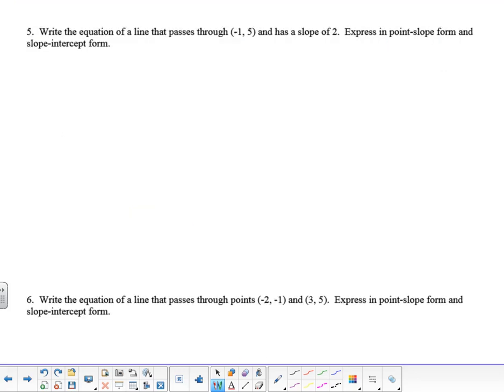Okay, write the equation of a line that passes through (-1, 5) and has a slope of 2, expressed in point slope form and slope-intercept form. Okay, so what we're given is a point, and we're given the slope. And so we want to start off here by using the point slope formula.